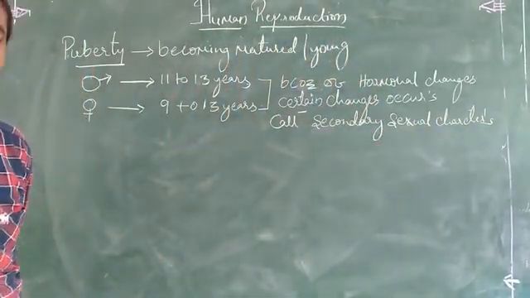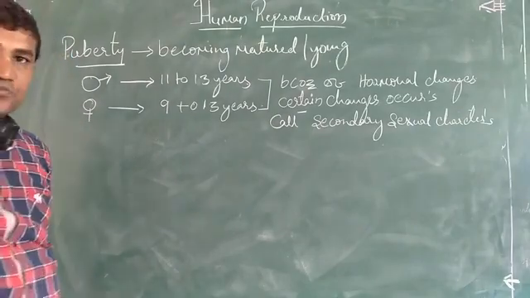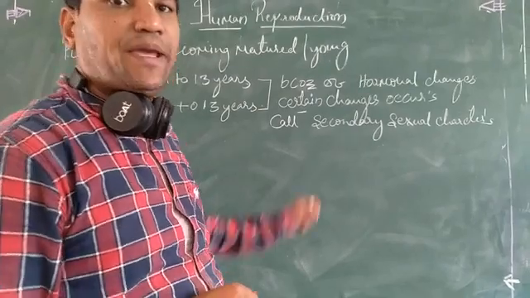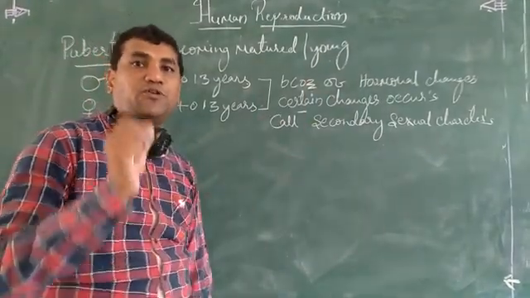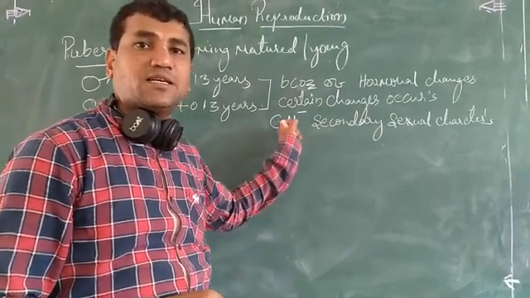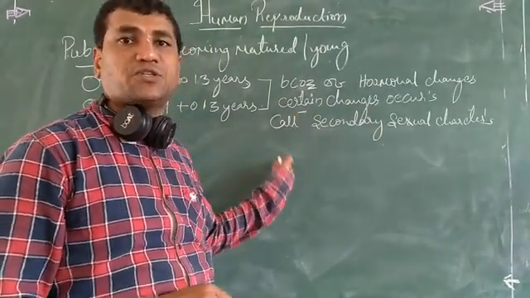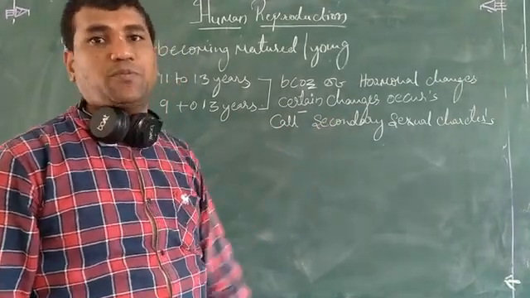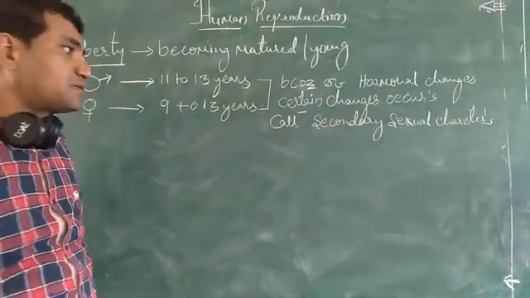Secondary sexual characters. So, for how many years does the male reproductive system produce sperm after puberty, and for how many years does the female reproductive system produce ova after puberty?